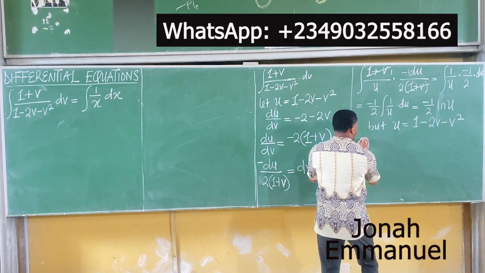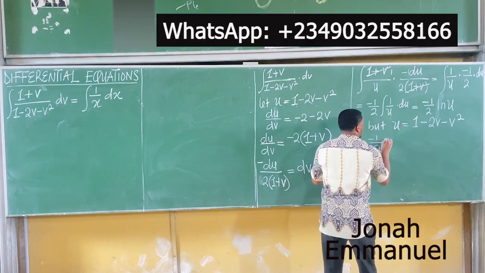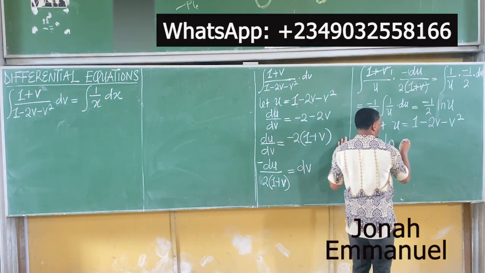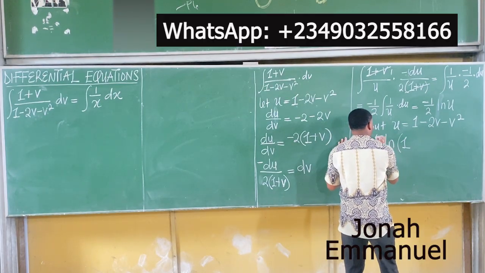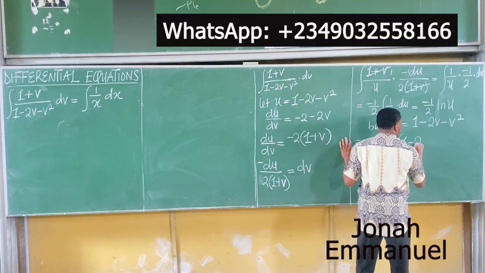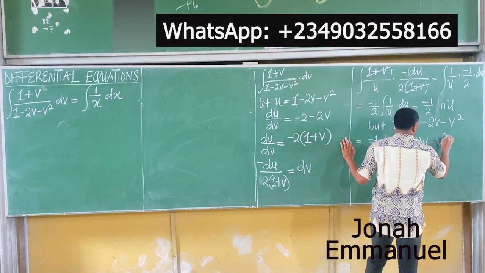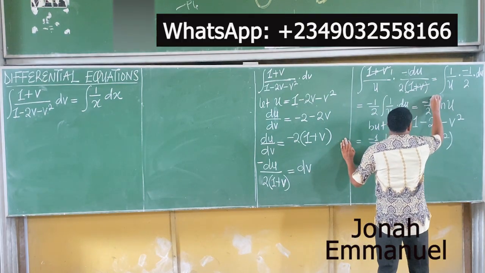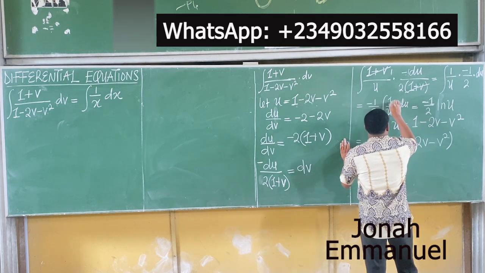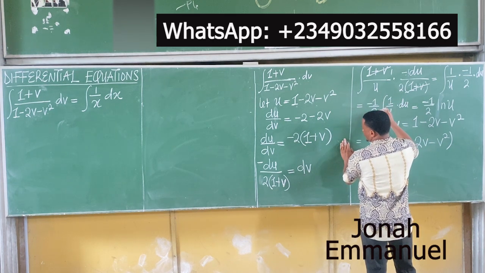That means my answer is equal to minus 1 over 2 ln of u. What's u there? 1 minus 2v minus v squared. You have this.